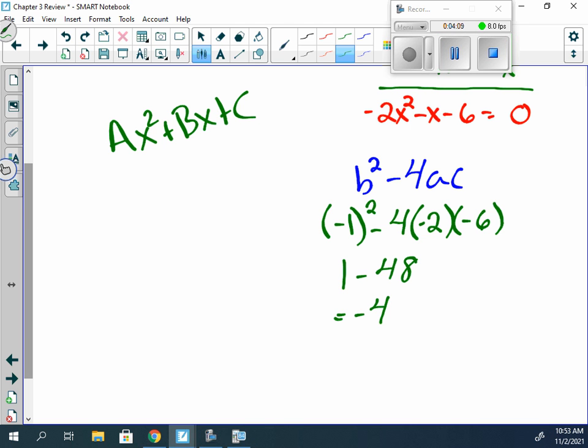So this gives us a value of negative 47. Now, we could have typed this all into the calculator. We could have said parentheses negative 1 close parentheses squared minus 4 times negative 2 times negative 6, or written it out exactly as we see it, hit enter, and it should give us a value of negative 47.